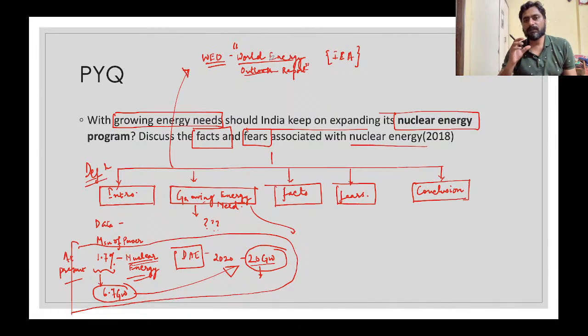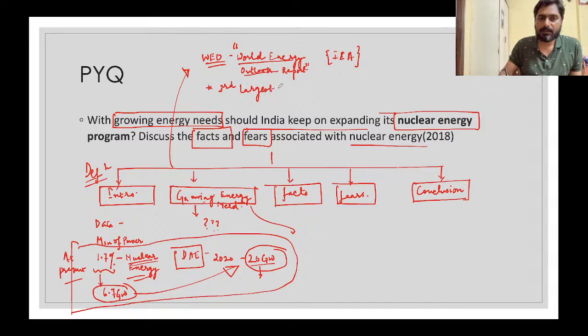According to this report, India is the third largest energy consumer in the world, and it is also saying that from 2000 till 2020 the energy demand has doubled.